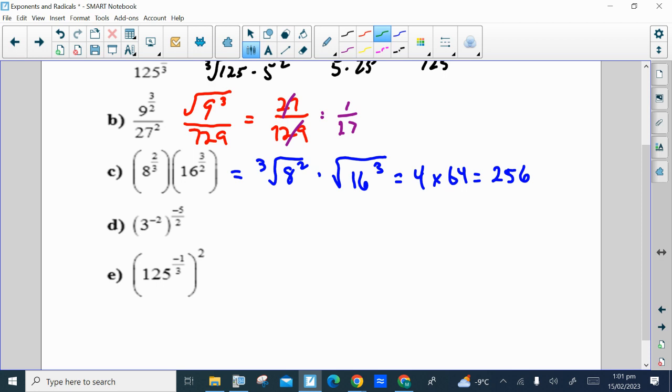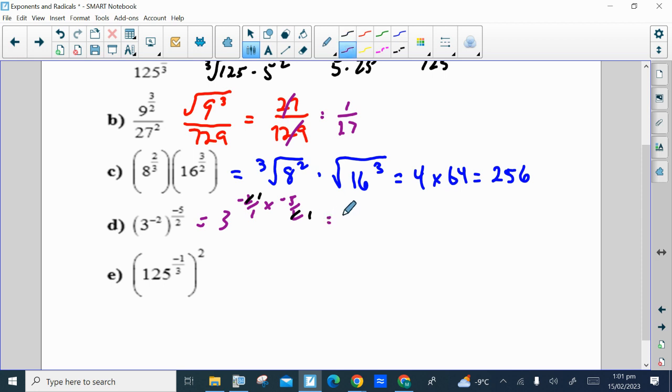Question D. Brock, what do we do to these exponents? That's right, just multiply. And the base stays the same. So it'll be power negative 2 over 1 times negative 5 over 2. And what you can do is you can divide top and bottom by 2 and get rid of those.